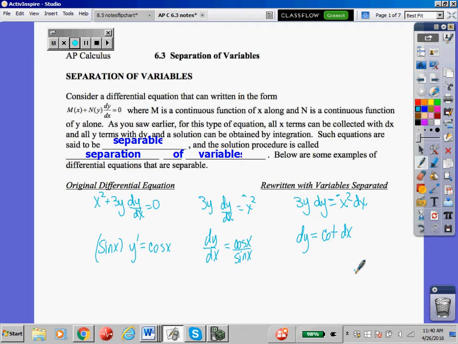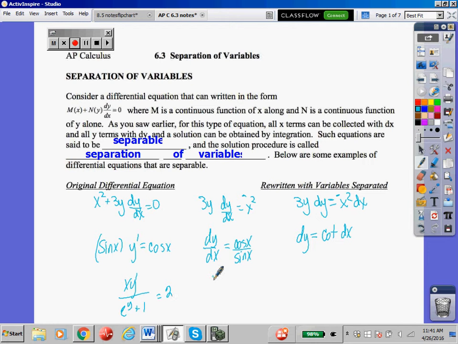I have a third one here. What if I have x y prime over e to the y plus 1 equals 2? Well, I want the y dy's on one side and the x dx's on the other.